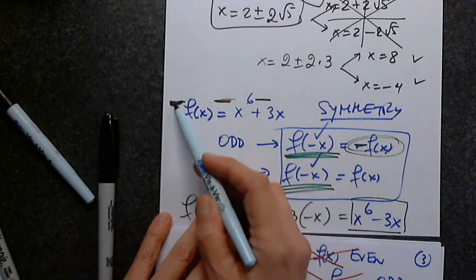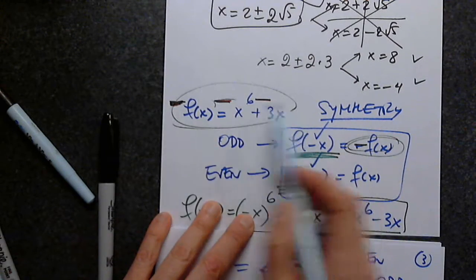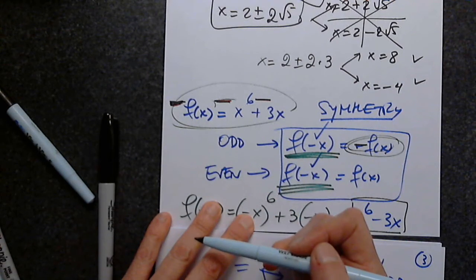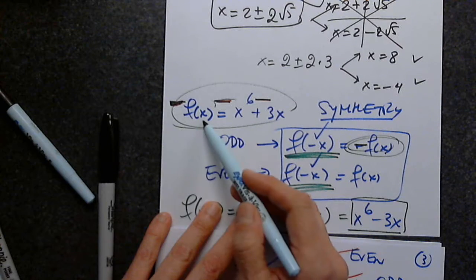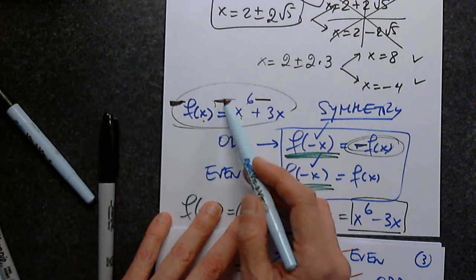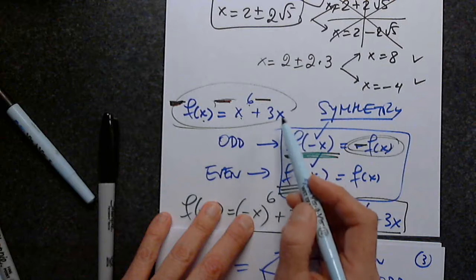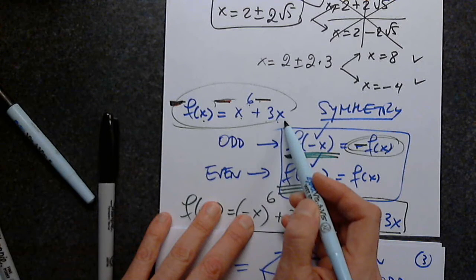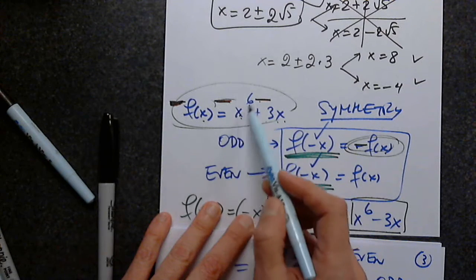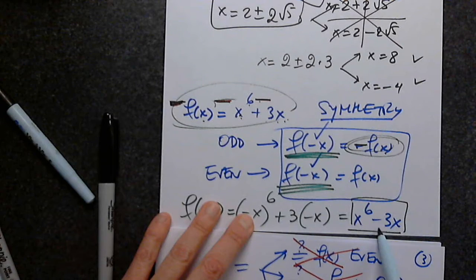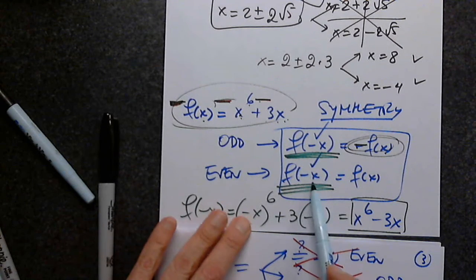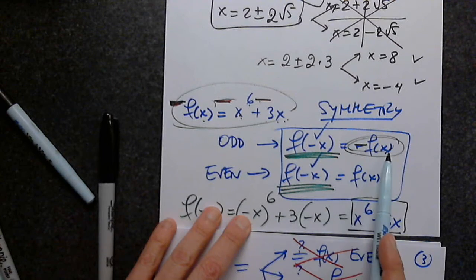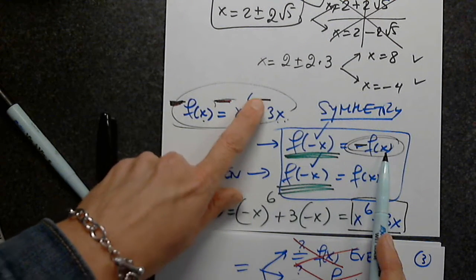Negative f of x means this equation multiplied both sides by -1. So negative f of x, multiply this by -1, I get negative x to the 6th. Multiply this by -1, I get negative 3x. But negative x to the 6th minus 3x is not this. So f of negative x is this, but negative f of x is negative x to the 6th minus 3x.